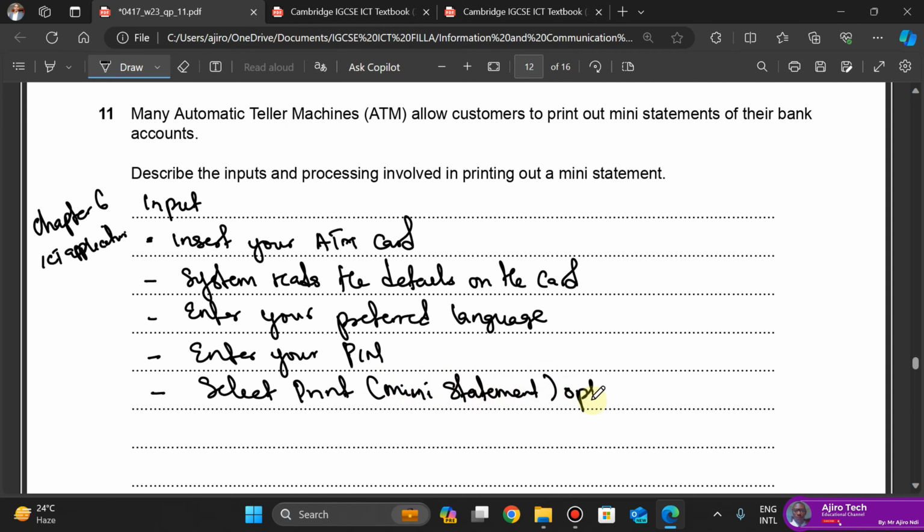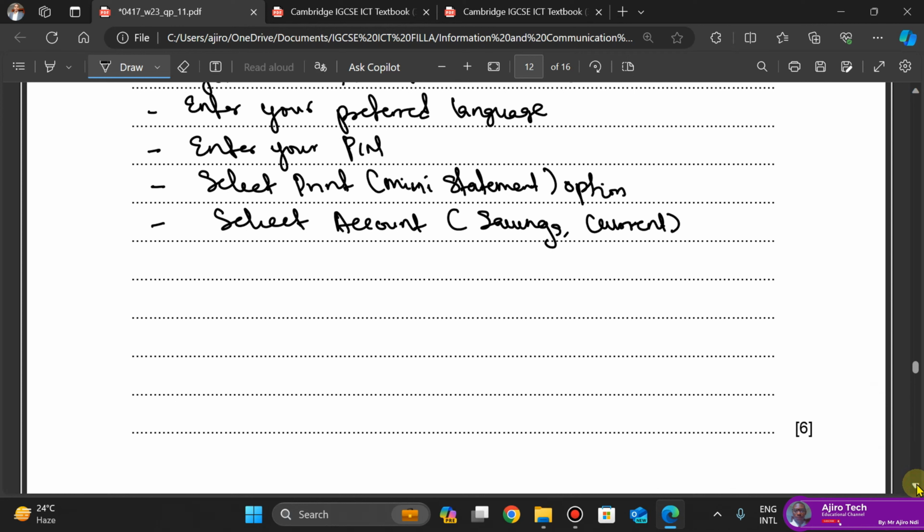Select the account, whether savings or current, and then select confirm.